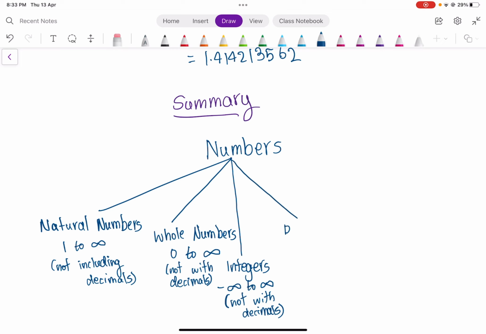Then we've learnt about rational numbers, which are numbers negative infinity to positive infinity with decimals.